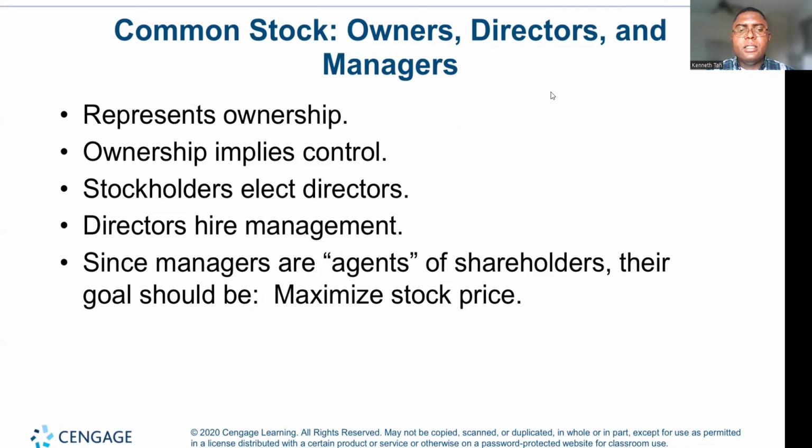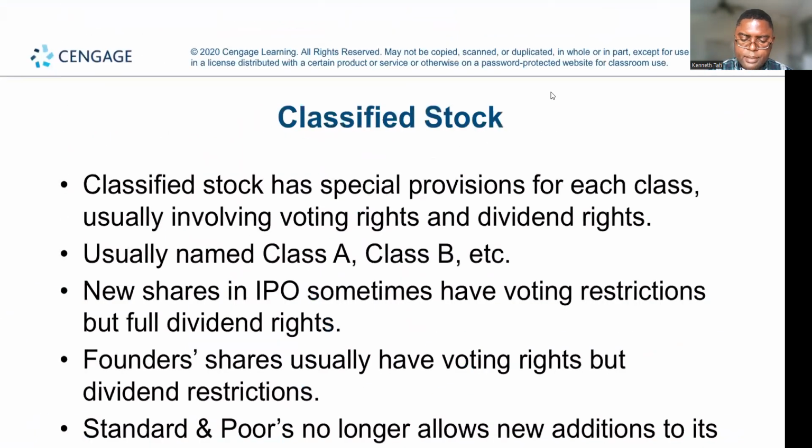The stockholders elect a board of directors. The board of directors hires management to run the company on behalf of the shareholders, and can hire and fire management. Management are agents of the shareholders, and their number one priority is to maximize shareholders' worth. They do that by trying to maximize stock price.